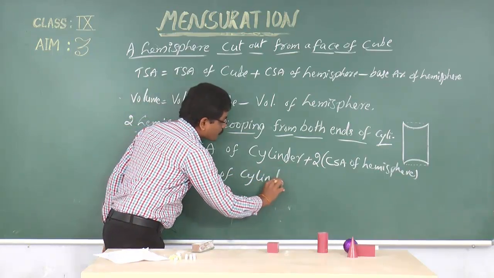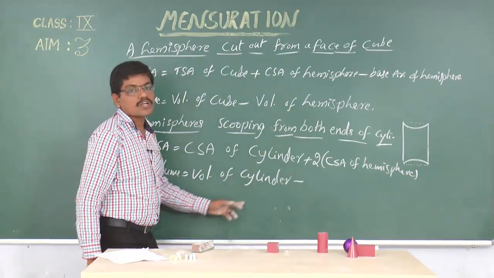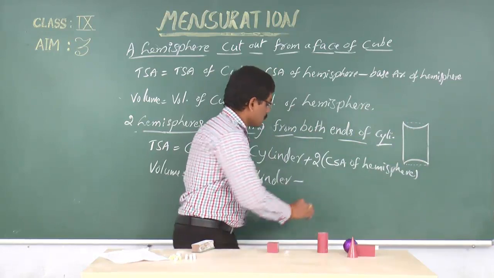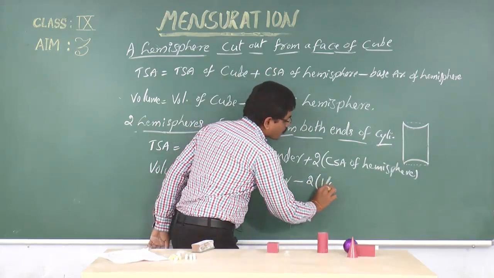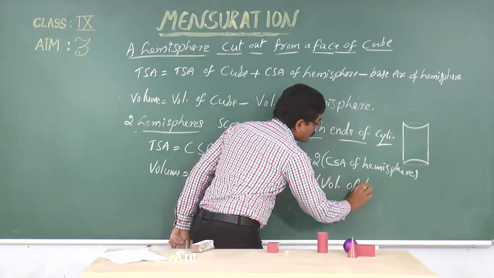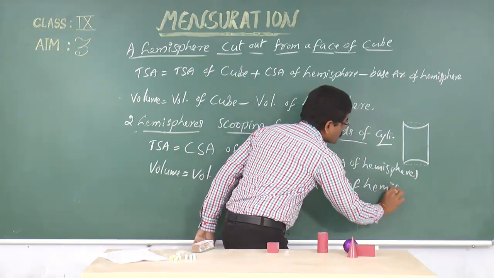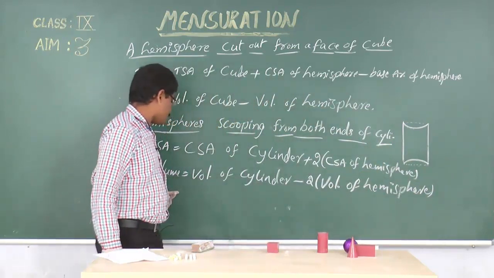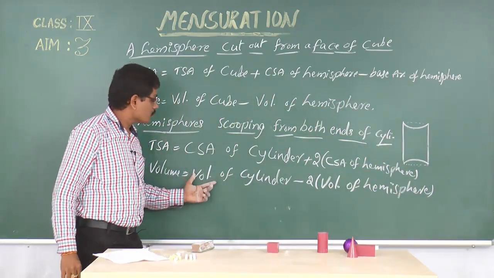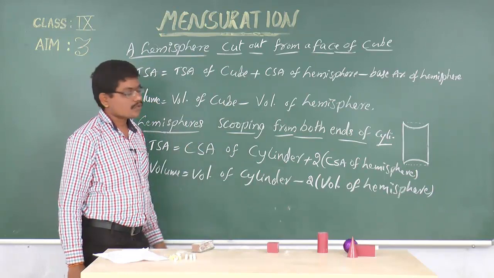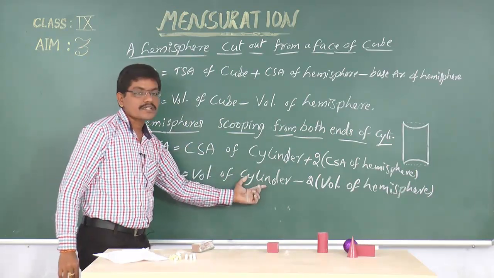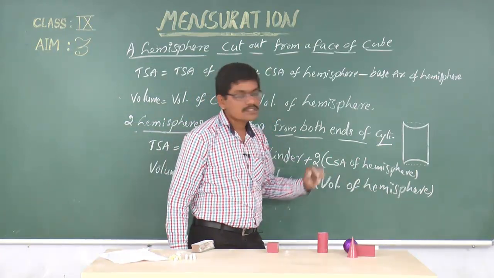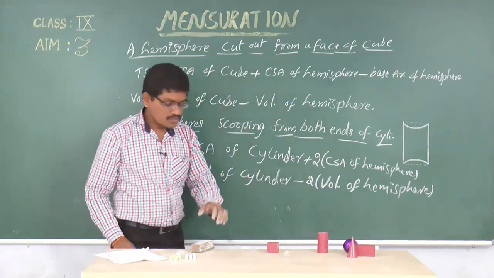We have to remove these two hemispheres. So the volume of the newly formed solid is equal to volume of cylinder minus 2 into volume of hemisphere. This is another type of solid.